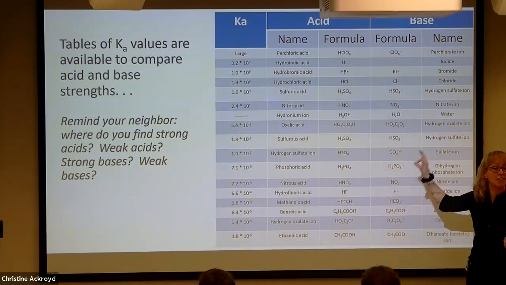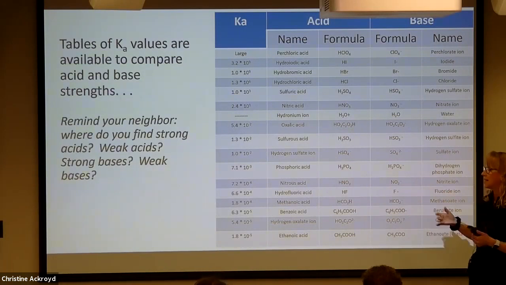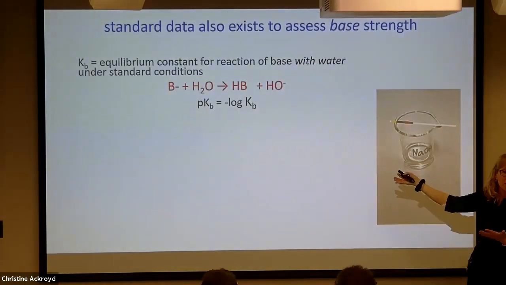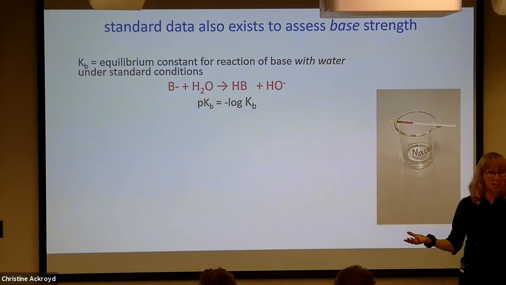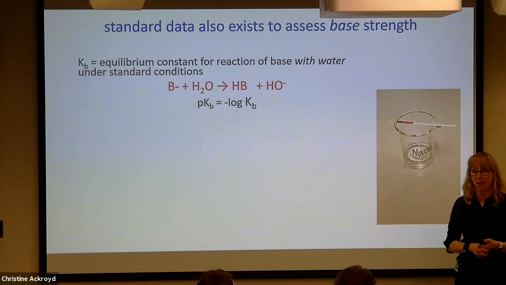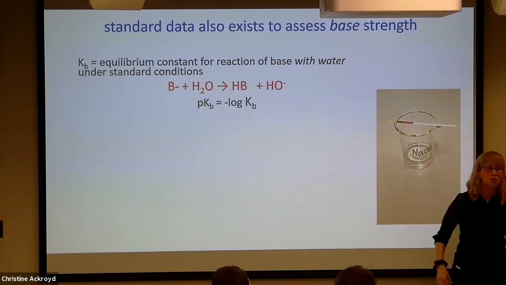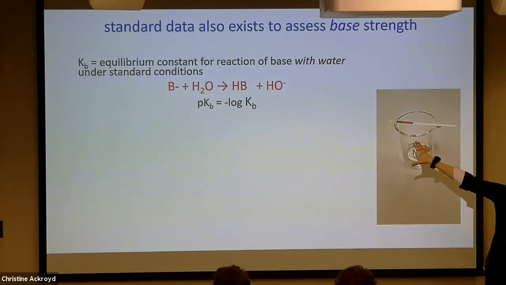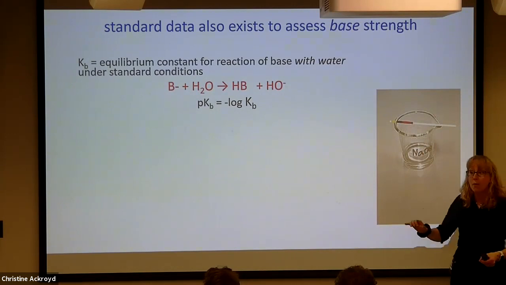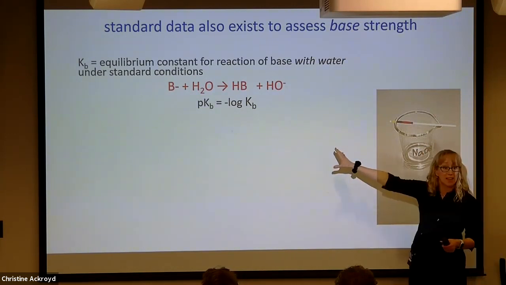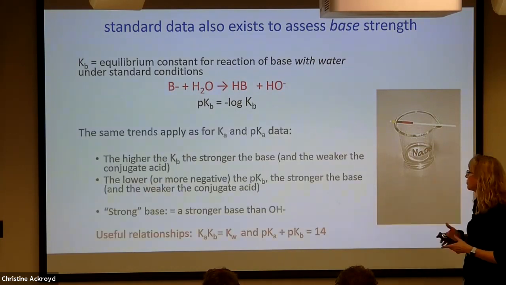So when we're analyzing just the bases and the reaction with water, we can analyze them with Kb values and pKb values, but are you necessarily going to have a Kb table on the exam? No, what you get is a Ka table. So you have to be able to figure out what the base strength is from how strong an acid the conjugate acid of the pairing is.